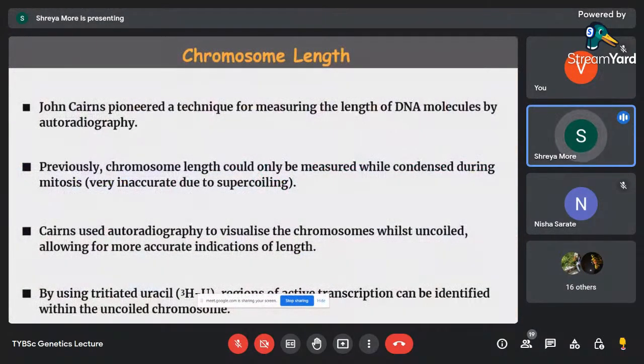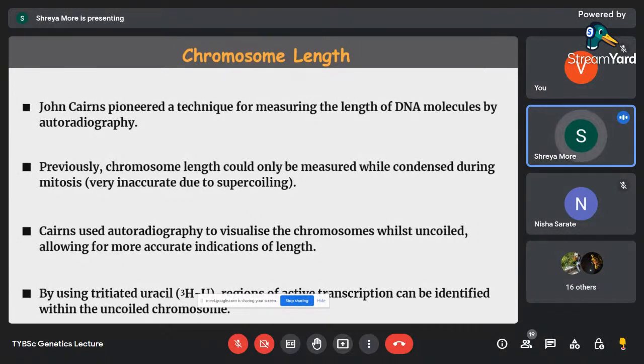So what is chromosome length? John Cairns pioneered a technique for measuring the length of DNA molecules by autoradiography. Previously, chromosome length could not be measured as it was in a condensed form during mitosis. So Cairns used autoradiography to visualize the chromosome whilst uncoiled, allowing for more accurate estimates of length.